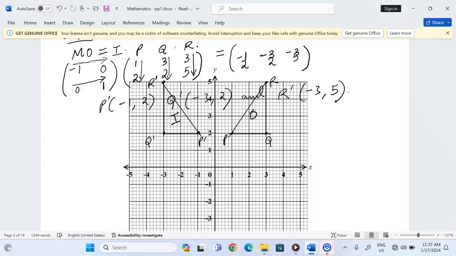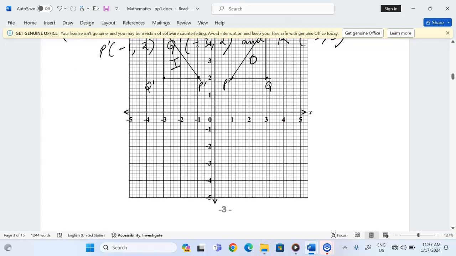When you look at R and R prime, you discover that R is at equal distance from the y-axis as R prime is; P and P prime the same, Q and Q prime the same. Therefore, we can all agree that this is a reflection.